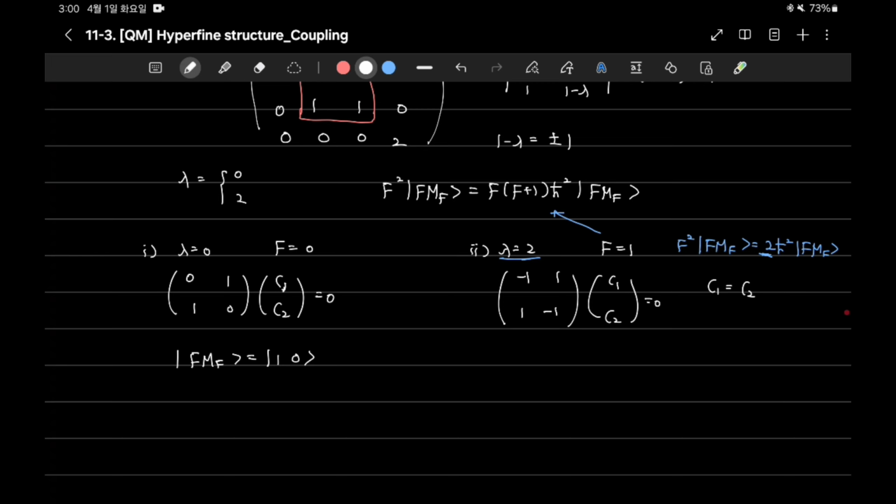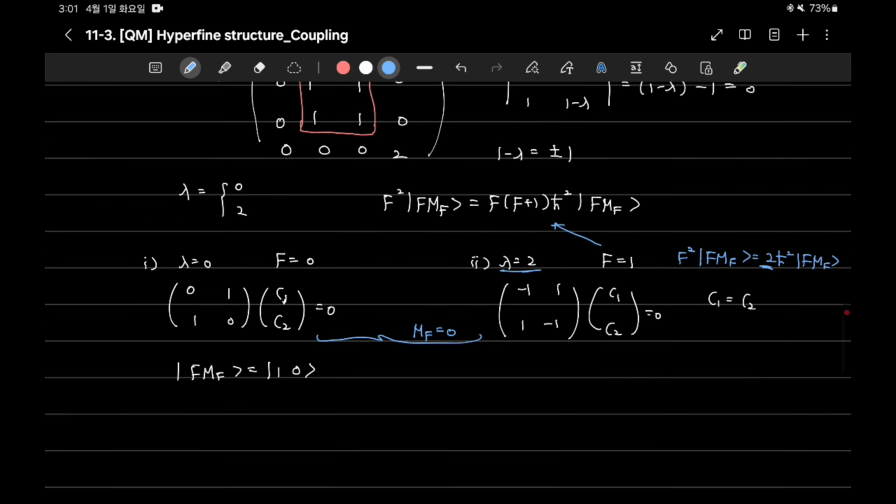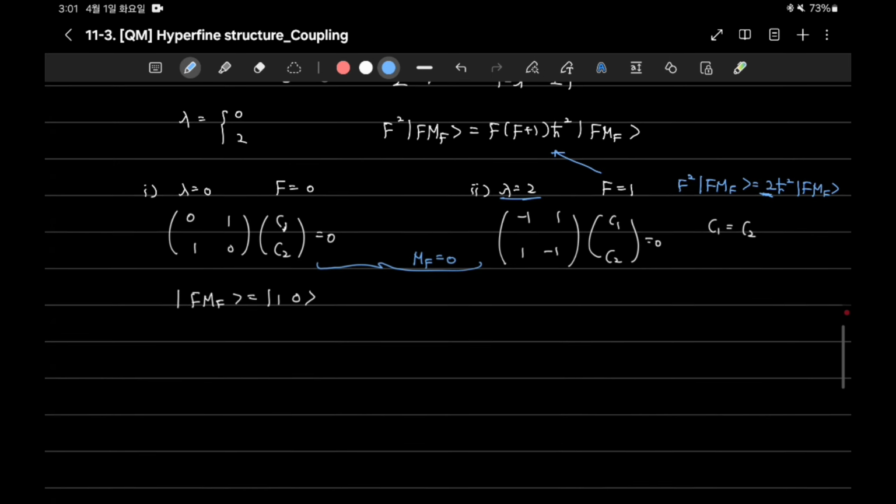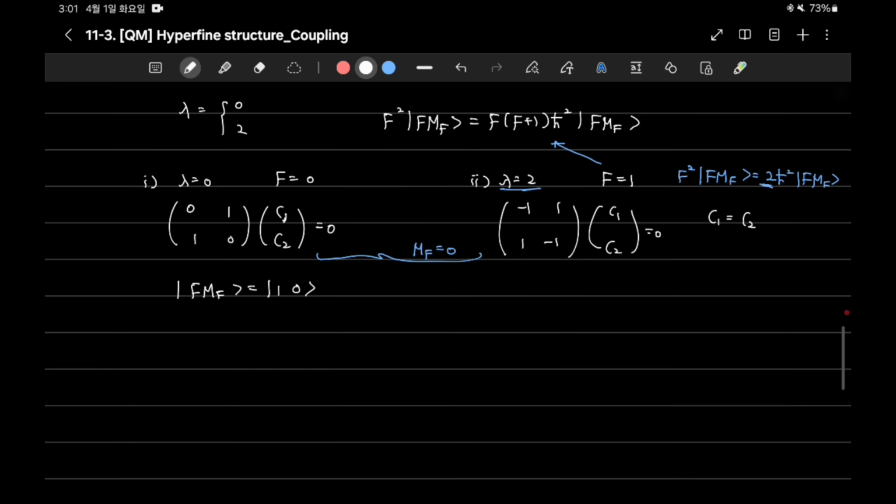In both cases, mf equal to 0. And here there are two possibilities, 1 0 or the 0 0 case.